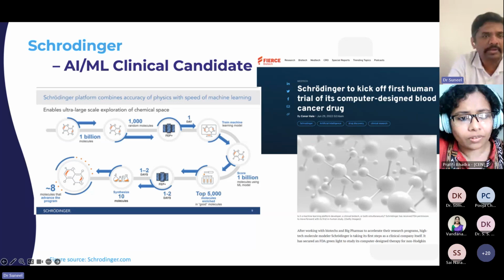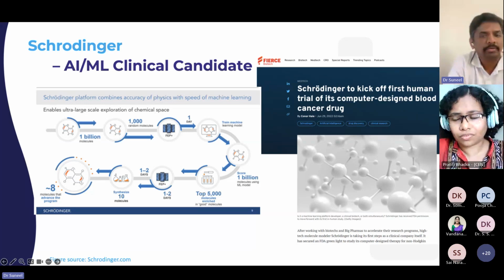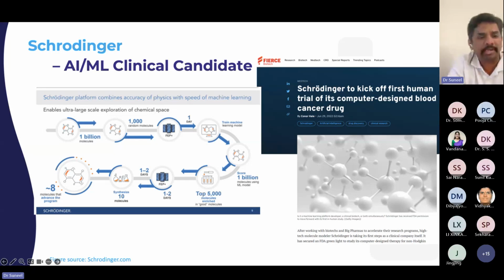Another clinical candidate comes from a well-known company, Schrödinger. They used their strongest power, physics-based machine learning models, synthesized hardly 109 compounds, and came up with a clinical candidate within a span of 10 months, against the MALT1 inhibitor, a blood cancer drug.